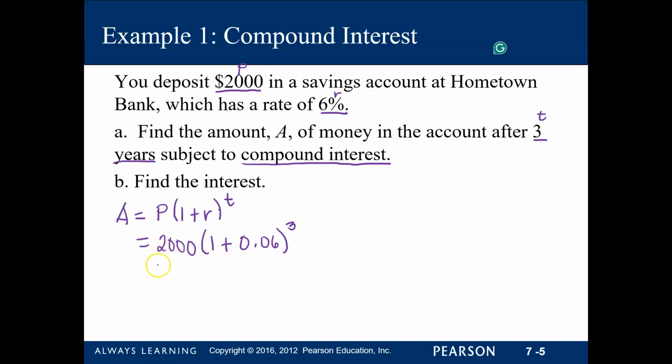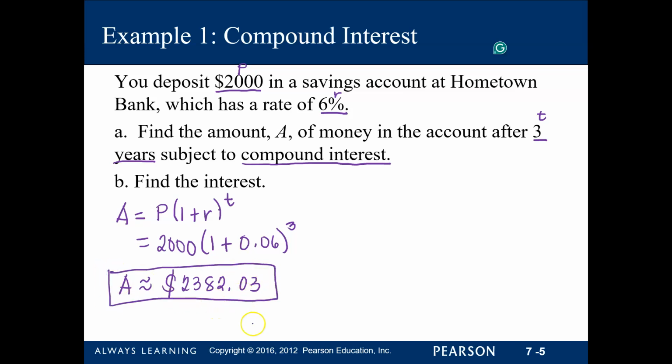So all you need to do is type this exactly on your calculators, Desmos or handheld TI-84, and it's going to give you an amount right away. So we are talking about money, so always round it to 2 decimal places. So this amount is going to be $2,382.03. Okay, so that is the amount after 3 years.